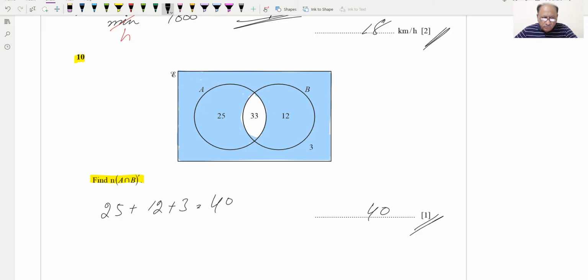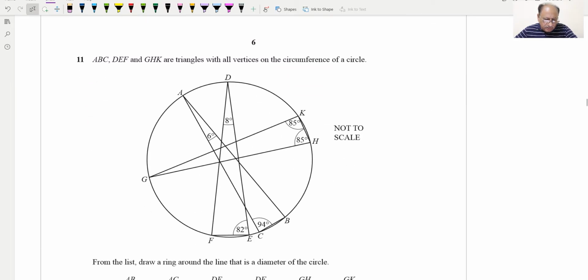Hopefully you understood this. Now question number 11 says ABC, triangle ABC, and DEF, another triangle, and DGHK, these are 3 triangles with all vertices on the circumference of the circle, and the diagram is not to scale.